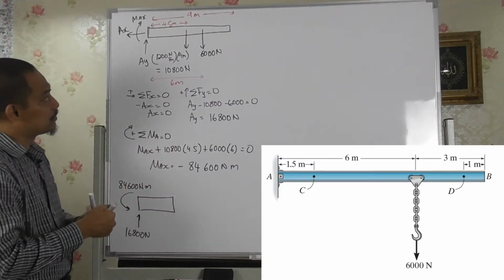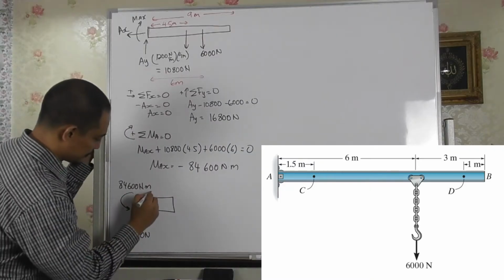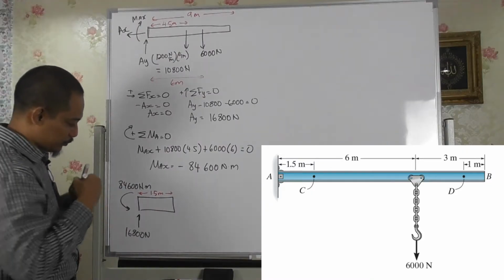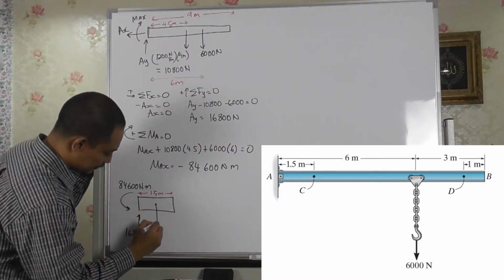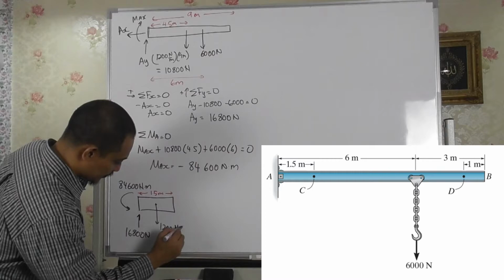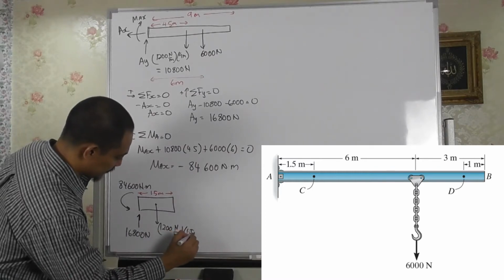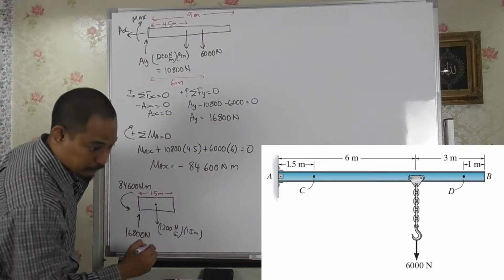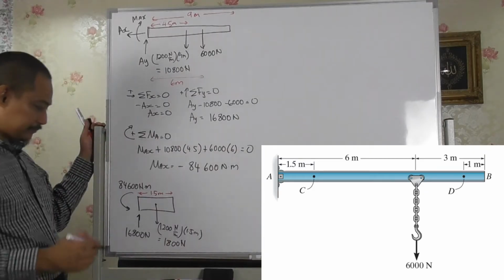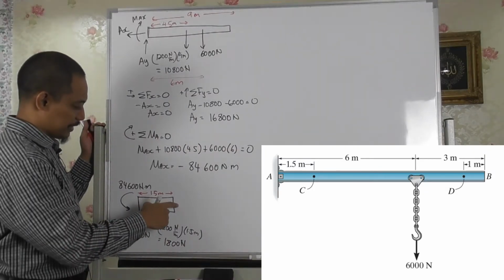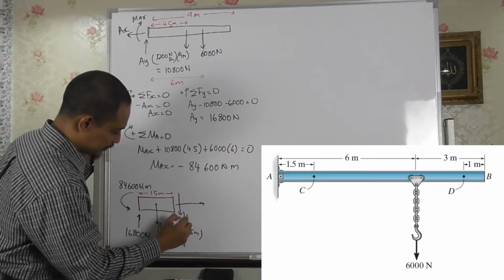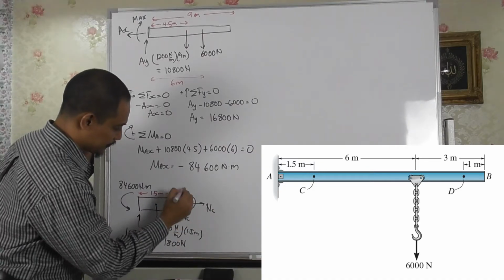The whole thing is 1.5 meter, meaning the weight at the center will be 1200 Newton per meter multiplied by 1.5 meter, which becomes 1800 Newton. Next are the unknowns: normal NC, VC, and also MC.